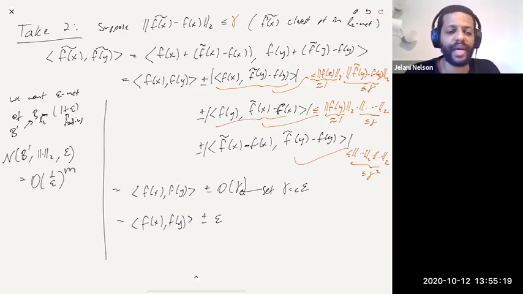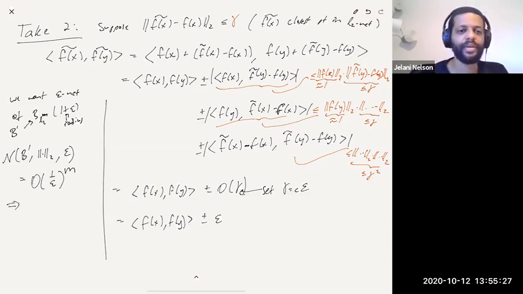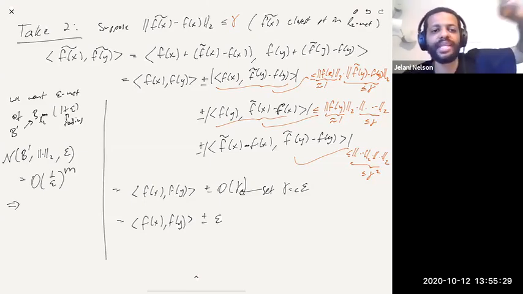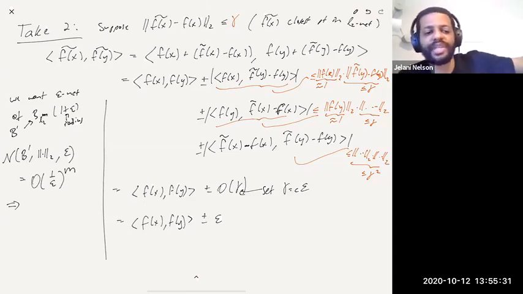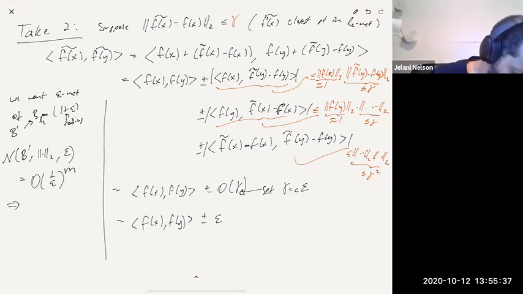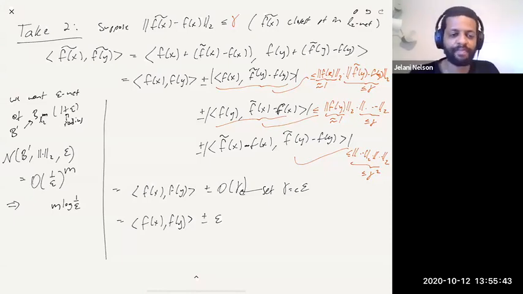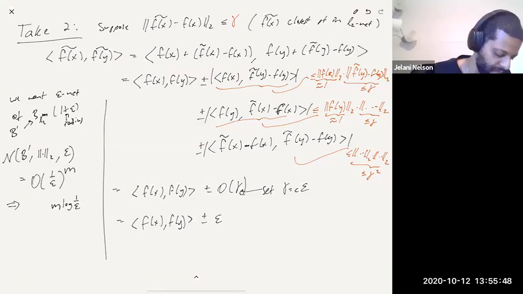Because we're covering the f of x's, which are in dimension M. So to specify a point in the net, you have to tell me which of these 1 over epsilon to the M points it is. That takes log of that number of bits. So that's O of M times log 1 over epsilon bits to specify a net point. And there are n net points because there are n vectors that we're applying f to.